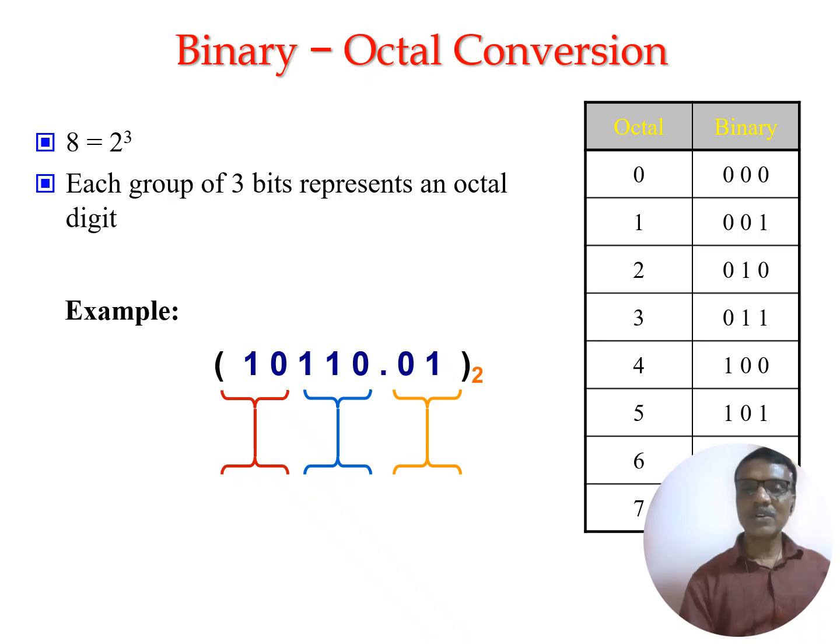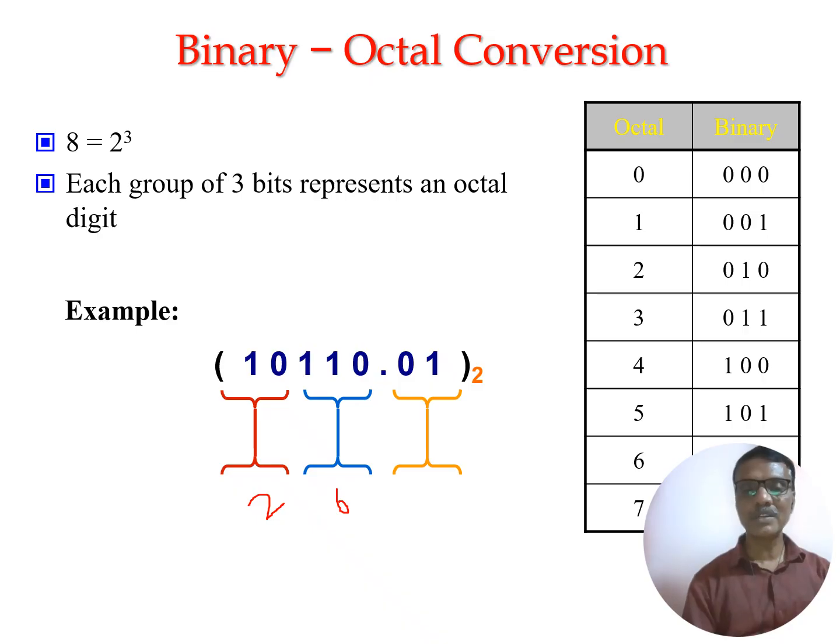So you see, look up the table. So 110 means 6. So this value is 6. 110 means 6. And then here we will consider as a 0. 0, 1, 0 means 2. And then here 0, 1.